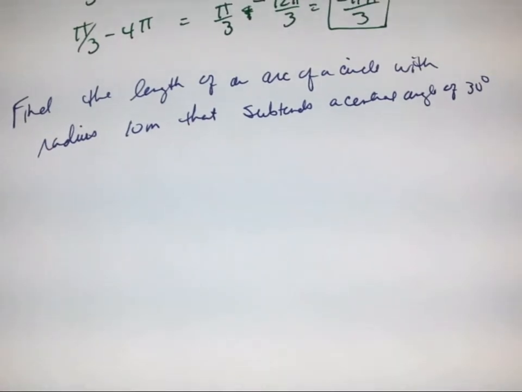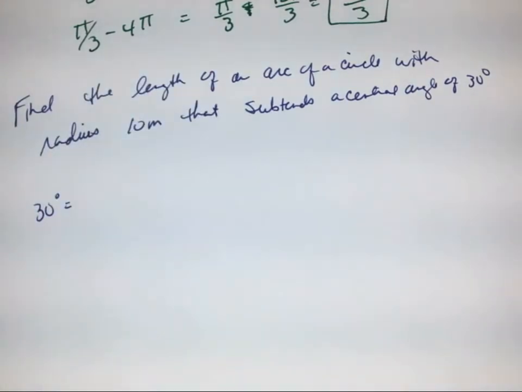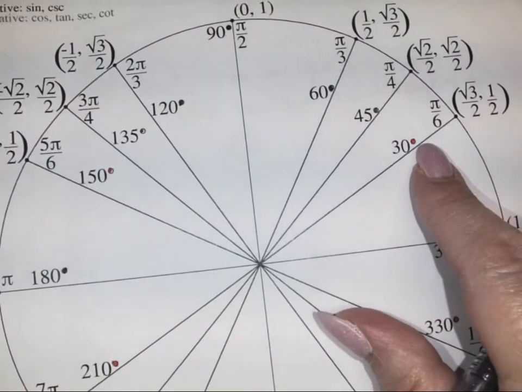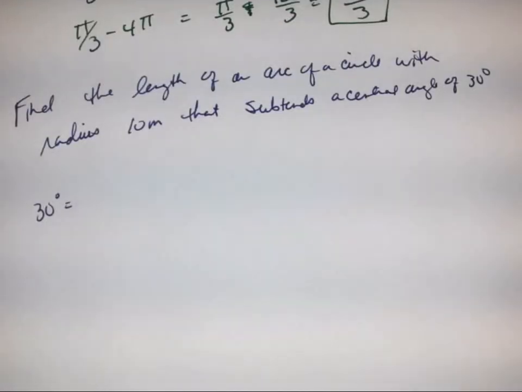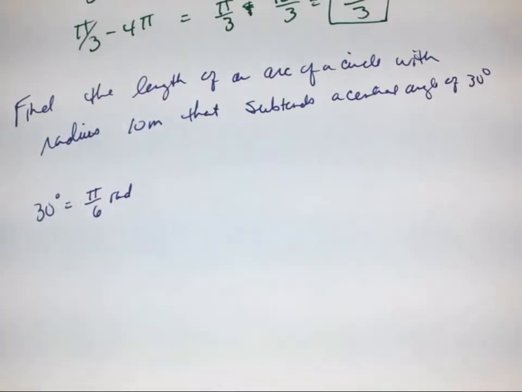Alrighty. So we know that 30 degrees, we need to put this in radians, and on our unit circle, 30 degrees is going to be pi over 6. Because we're working with something that told us that it was in radians, we have to change this to pi over 6 radians.